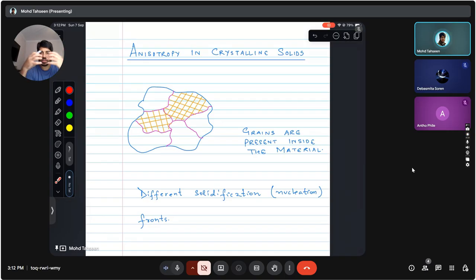When they grow and interact with each other, they grow in totally different directions. If we have a piece of solid growing here and another piece growing here, this piece wouldn't know what orientation the other piece is growing in. So they grow in random orientations, and when they interact there is a competition.